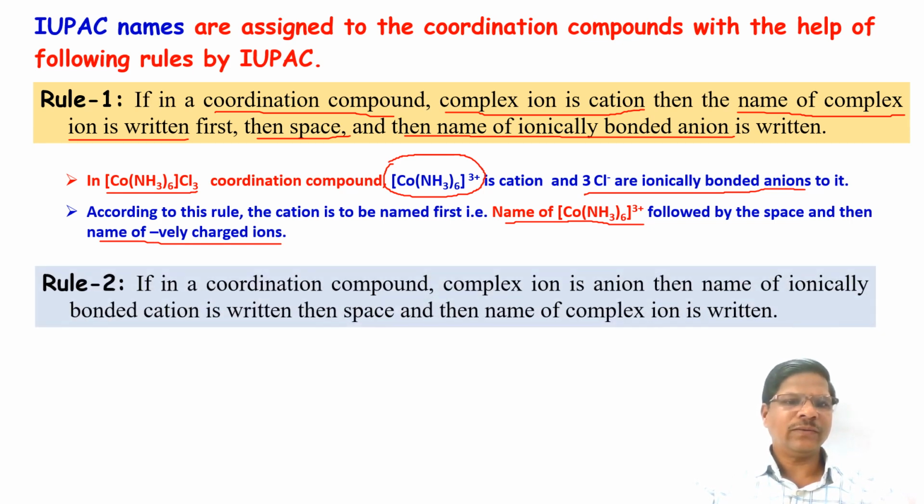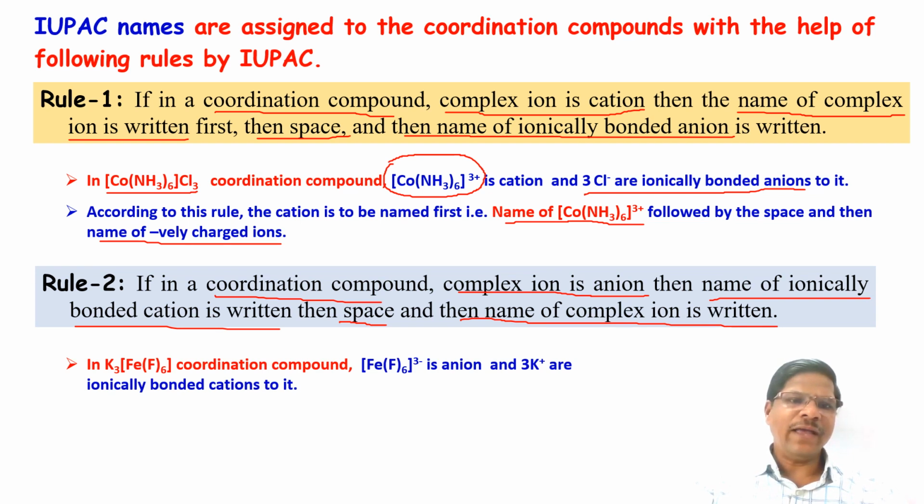Rule number 2: if in a coordination compound the complex ion is an anion, then we have to write down the name of the ionically bonded cation first, then a space, and then the name of the complex ion. This is the situation. So we have the example K3FeF6.